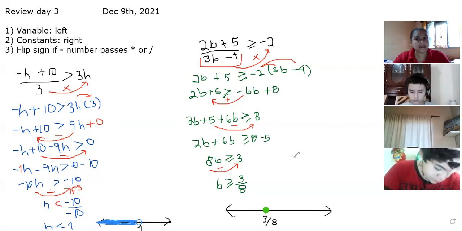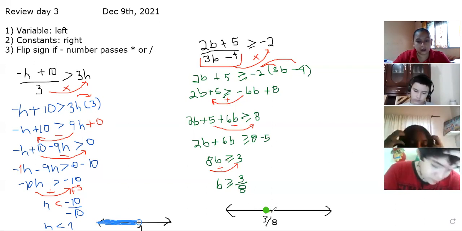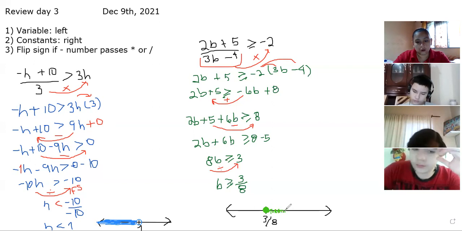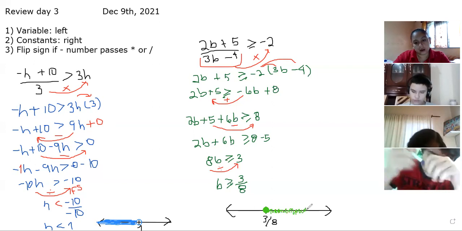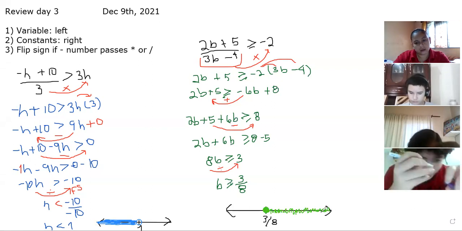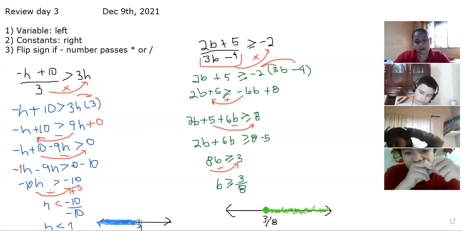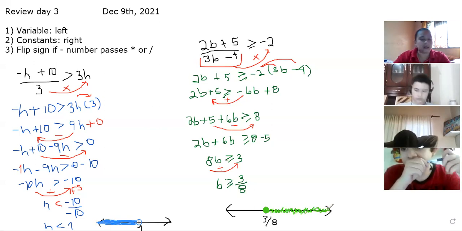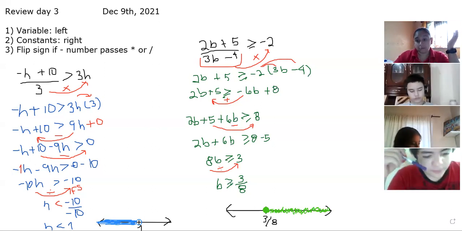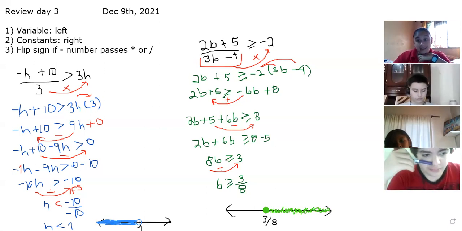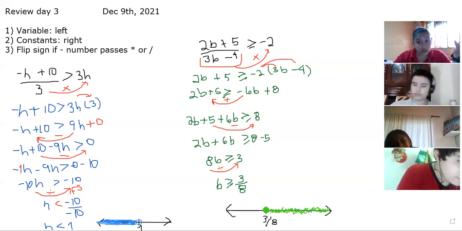So you can go from the circle all the way to the very end of your number line on the right side, and paint it. And that's it. That's how we solve inequalities that involve a fraction that has a variable expression either in its numerator or in its denominator.